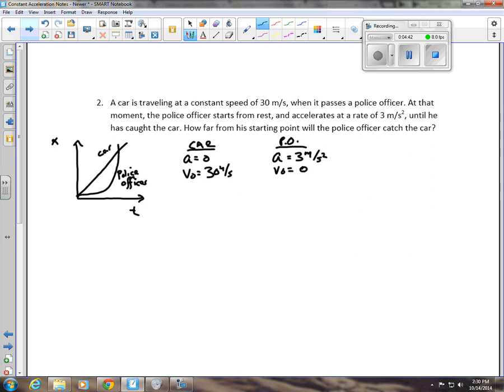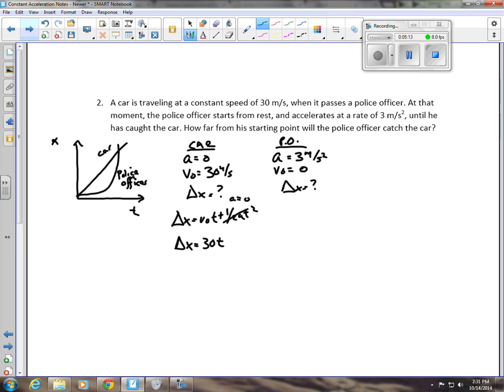Now, there's a number of ways to do this one. What I'm going to do is I'll know that the police officer caught him when they have gone the same distance. So if I look at this equation, delta x is v0t plus 1/2 at squared. With the car, I'll get delta x equals 30 times t, and then there's no acceleration, so I don't have to worry about that part.